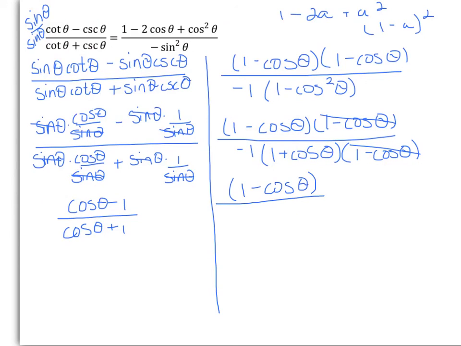And then my denominator, I still have negative 1, but I'm going to rearrange this denominator because I'm allowed to. 1 plus cosine of theta is the same as cosine of theta plus 1. Then what I'm going to do is pull out this negative 1, and move it to the numerator.